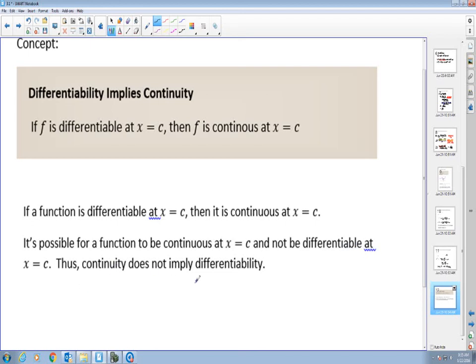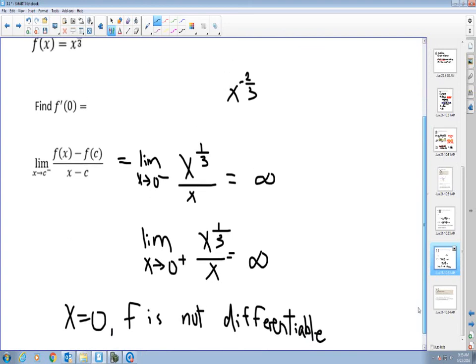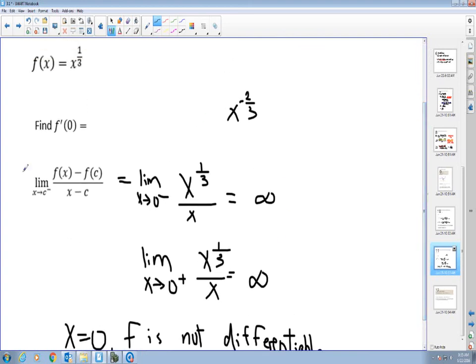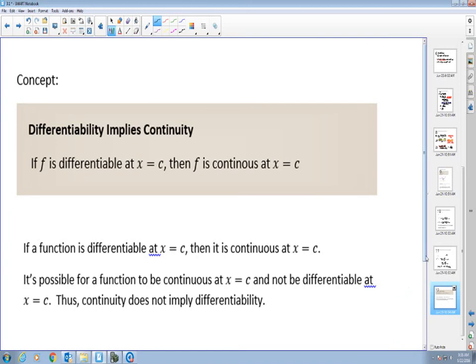So continuity does not imply differentiability. But differentiability implies continuity, just like this problem here. My function at 0 is continuous at 0, but it ended up being not differentiable at 0 because of the vertical tangent line.